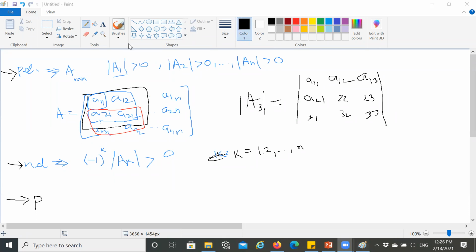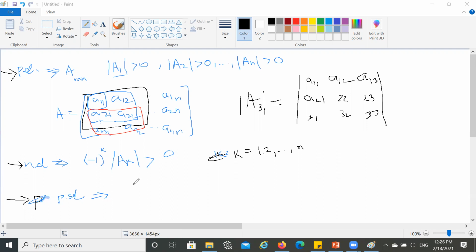So now let's go for the next one. Now I'm going to write the definition of positive semi-definite, which I'll write as PSD. A square matrix is said to be positive semi-definite if the leading principal minor determinants of A are non-negative.